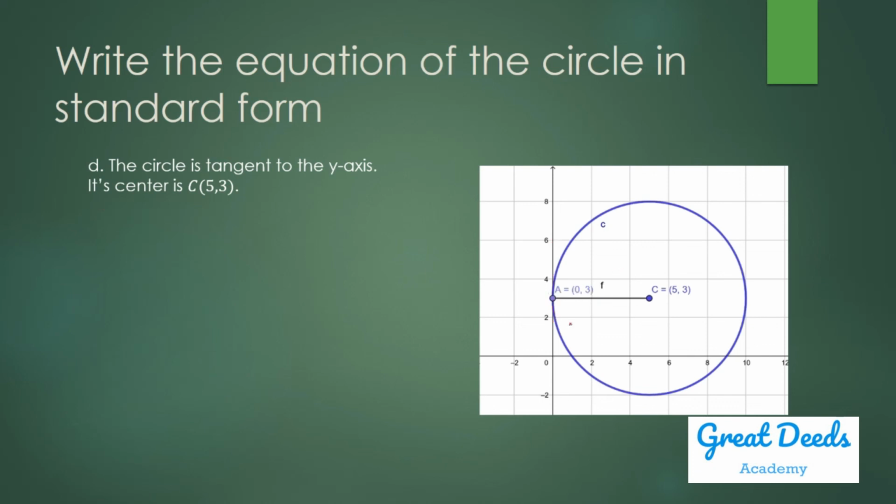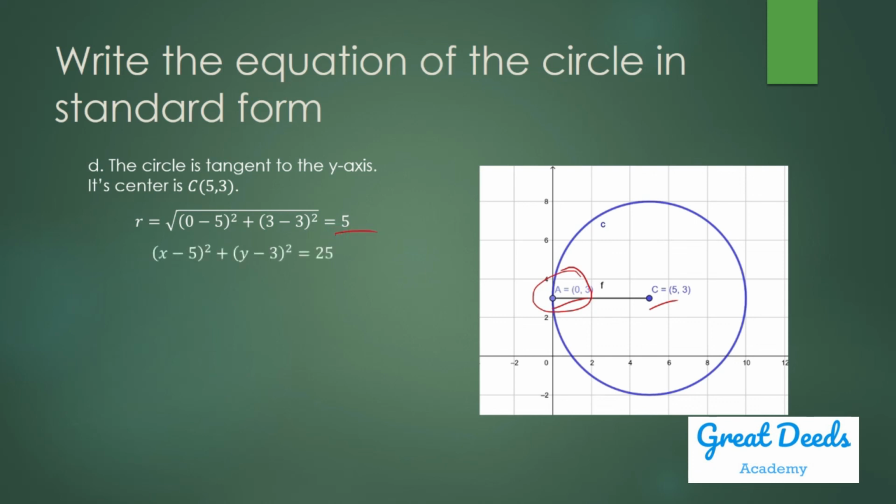It's going to be 0 because it lies on the y-axis, and the y-coordinate is just 3. Using these 2 points, we can compute the value of r. r is equal to the square root of the square of 0 minus 5 plus the square of 3 minus 3. This is just equal to the square root of 5 squared, which is 5.